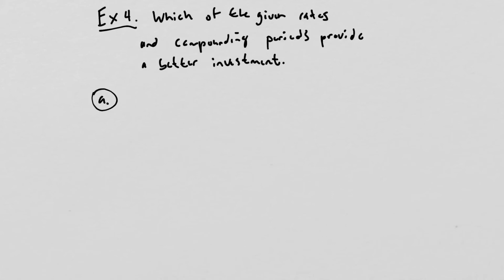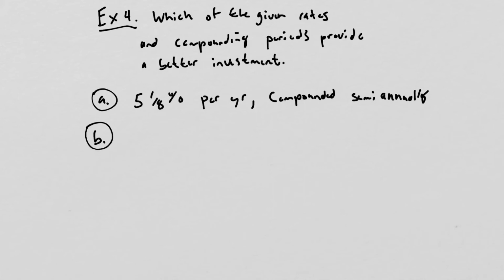In part A, we're given 5 1/8% per year, and this is going to be compounded semi-annually. In part B, we're given 5% per year, and this is going to be compounded continuously.